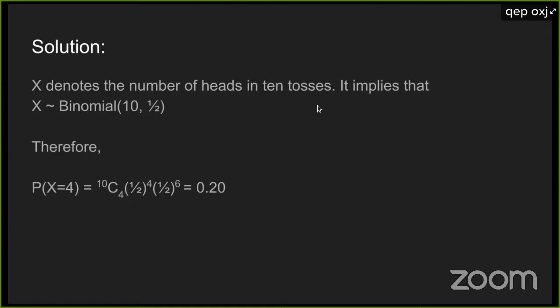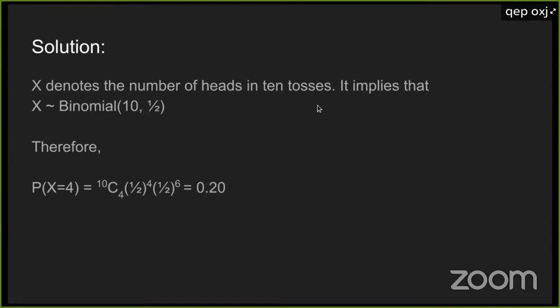Now you selected 10C4, then we have 4 heads. What is the probability for 4 heads? 1 by 2 to the power 4. But in the remaining 6 positions it should be tail, right?